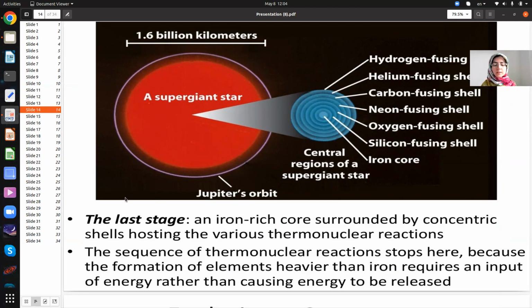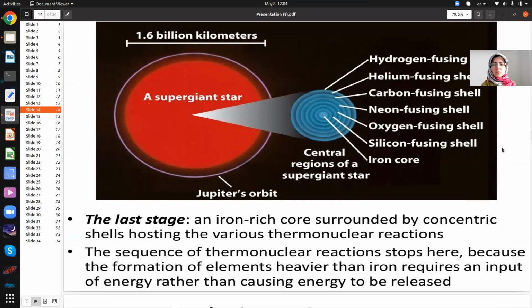And we can say iron is not fusing; when there is an iron core, there is no fusion. Elements after iron are created during the supernova and the shock wave of the supernova. In the shock wave of the supernova explosion, elements heavier than iron are produced.